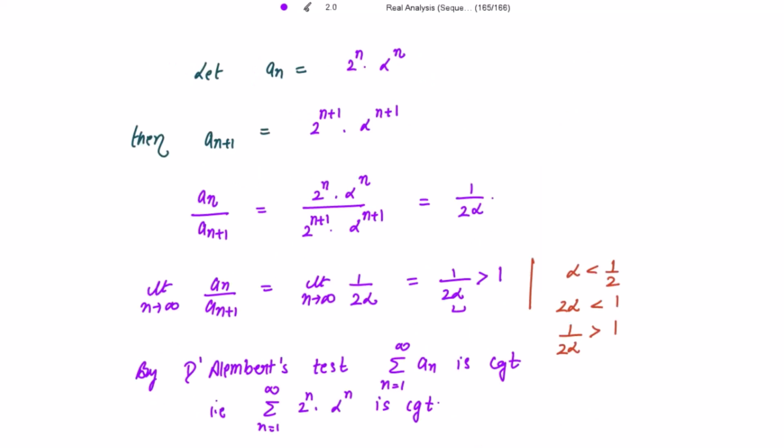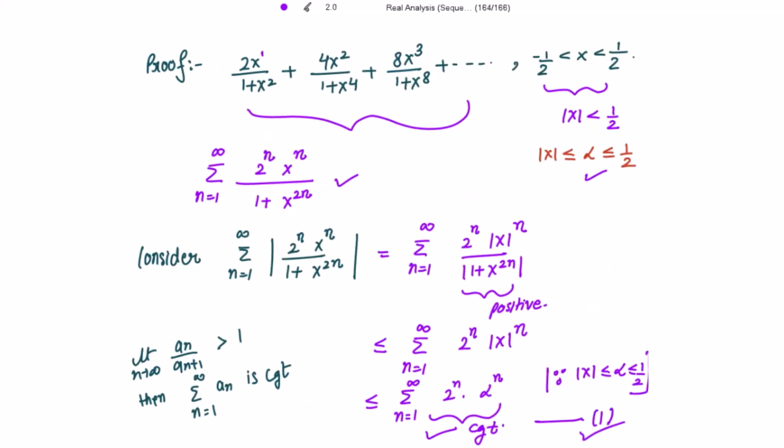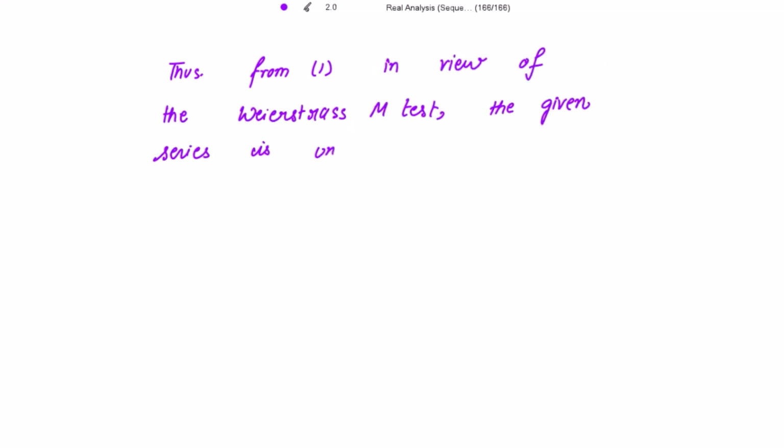Thus, from 1, we have marked this as 1. So from 1, in view of the Weierstrass M-Test, the given series is uniformly convergent for the interval x greater than -1/2 and less than 1/2. Thank you.